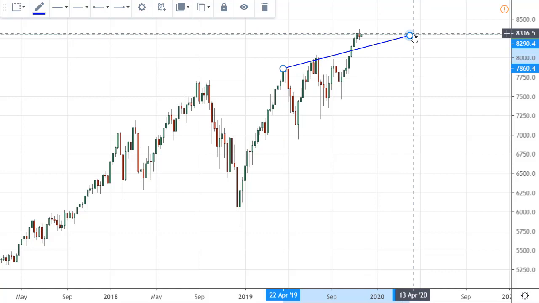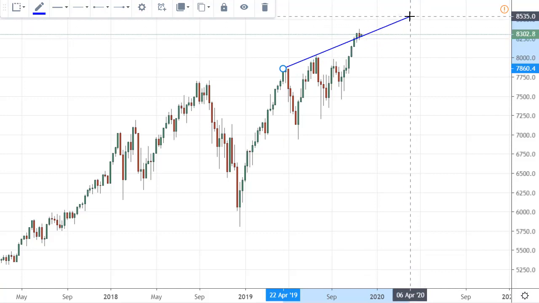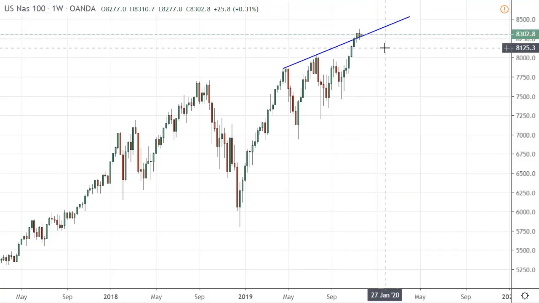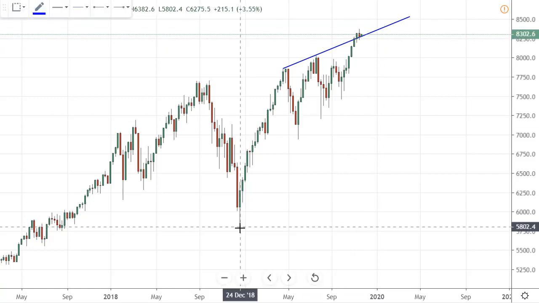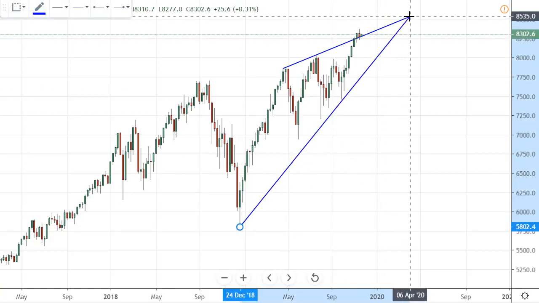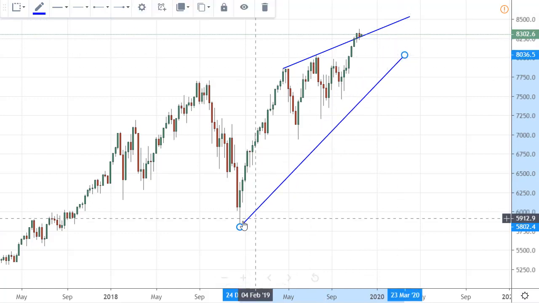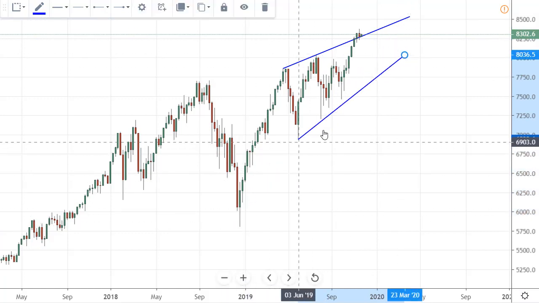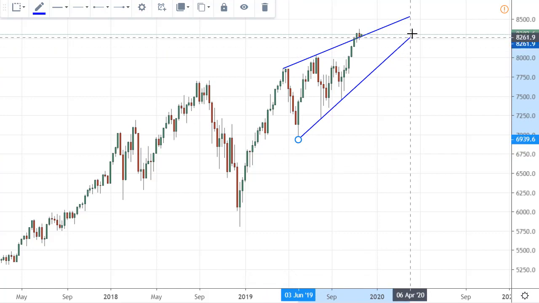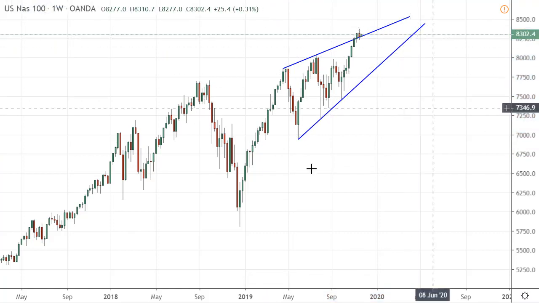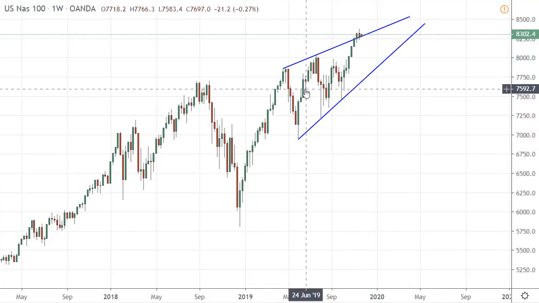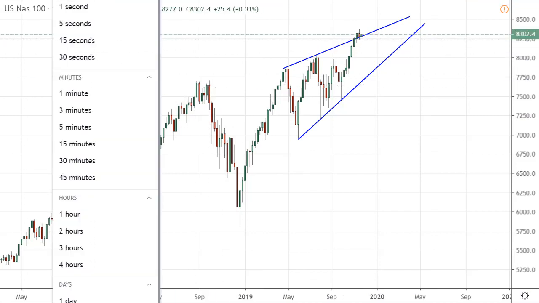So the way I am looking at this at the moment is that we are now at this level where price seems to be having some trouble moving through again. Let's see how we can get some information out of these. Okay, this would be, from a trend line perspective, kind of what we have.